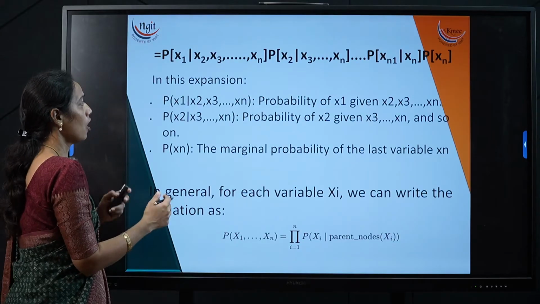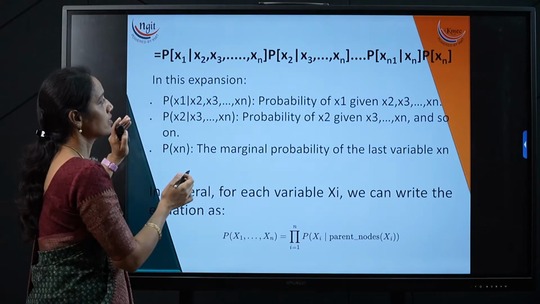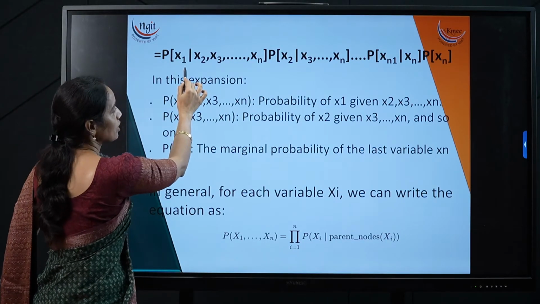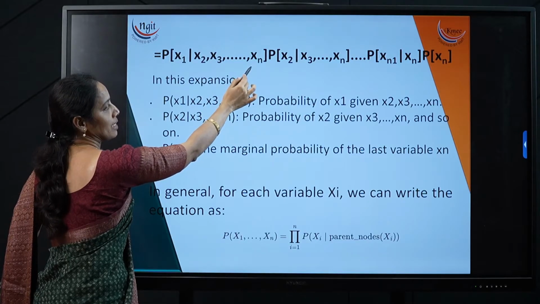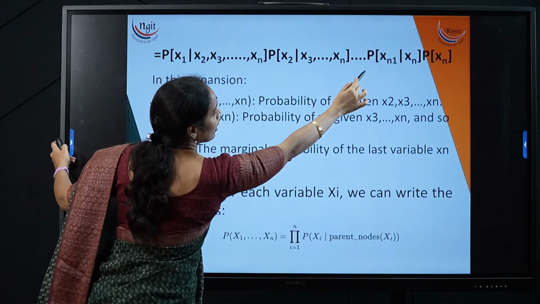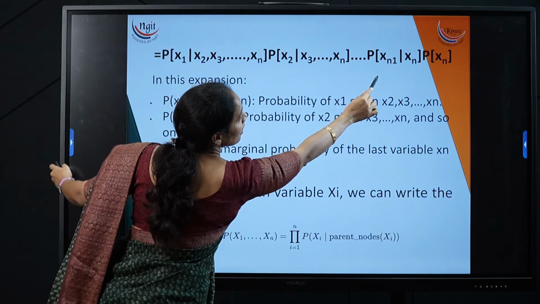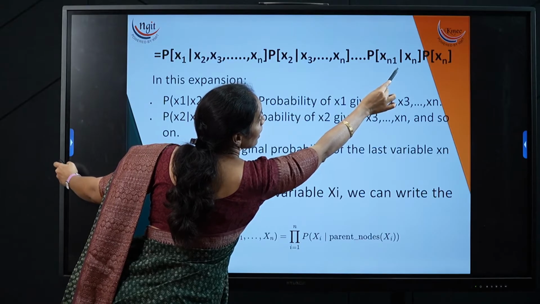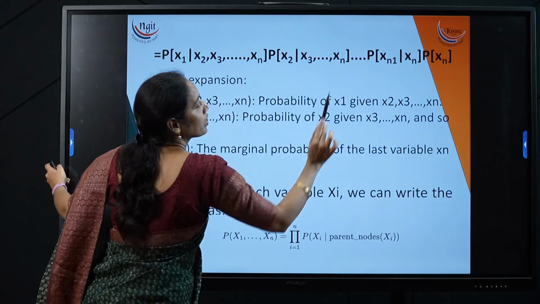Another way to read this expansion is: the probability of x1 given x2 till xn, into the probability of x2 given x3 and so on till xn, and it continues to the probability of xn-1 given xn, into the probability of xn.